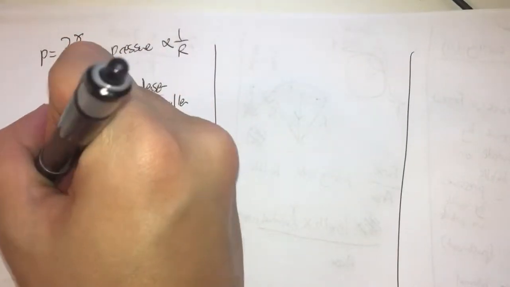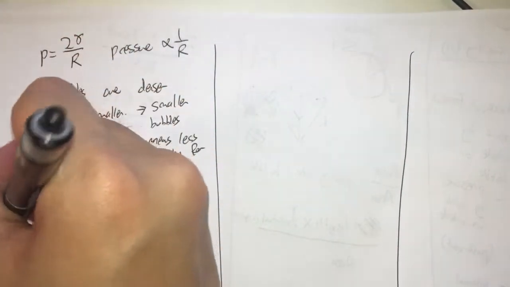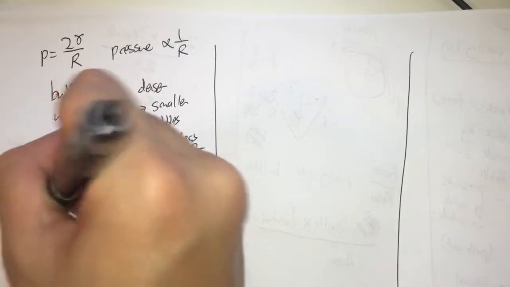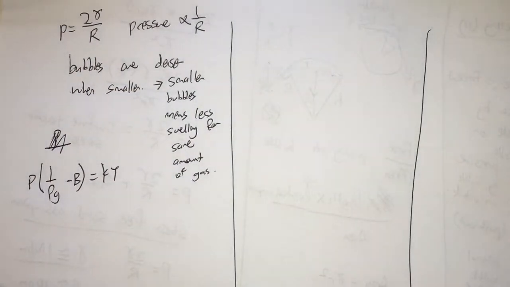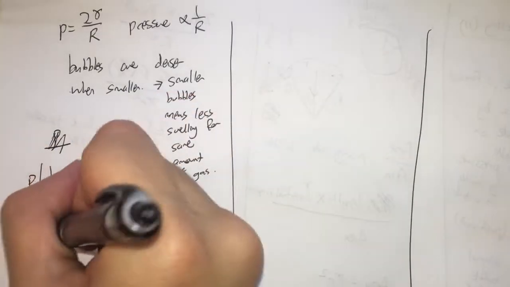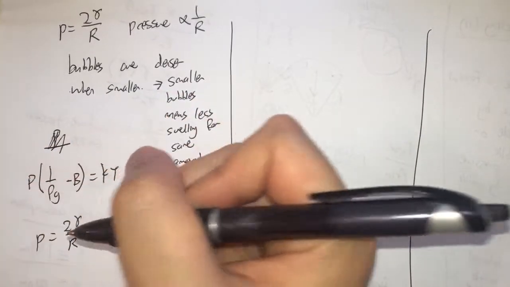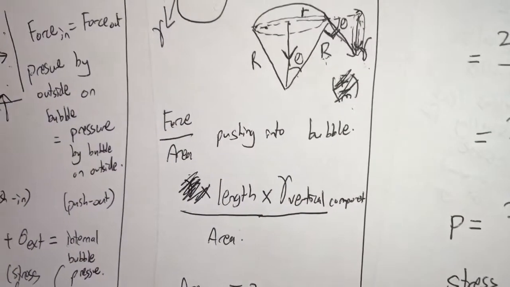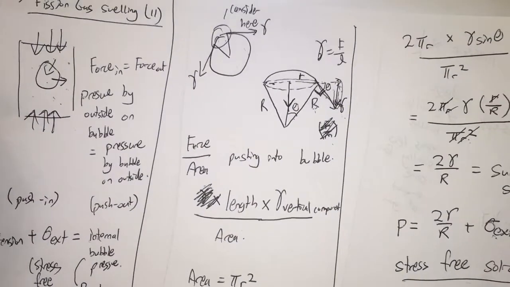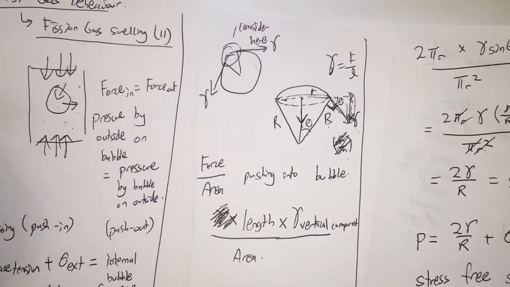So P equals P1 over rho G minus B equals kT. So what do we have? P equals 2 gamma over R. And what is rho G? Rho G equals, what was the expression before?